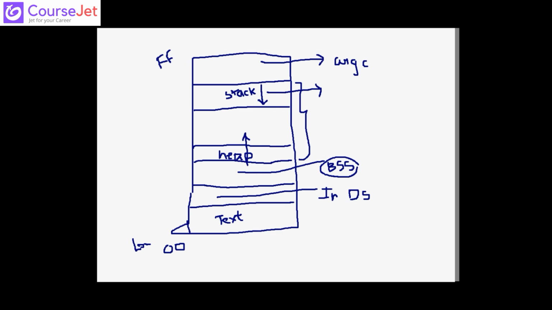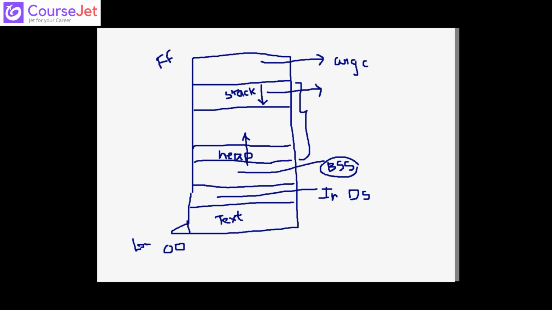Coming to heap, memory is allocated when you are using the program. It will be allocated at runtime. And here you will have functions. Like I said, when you are using your functions, those functions will be allocated in the stack.